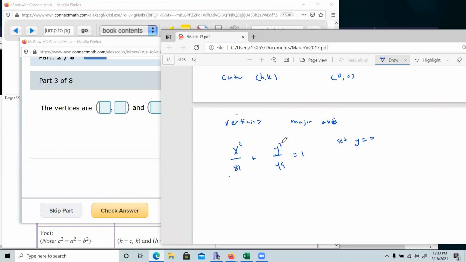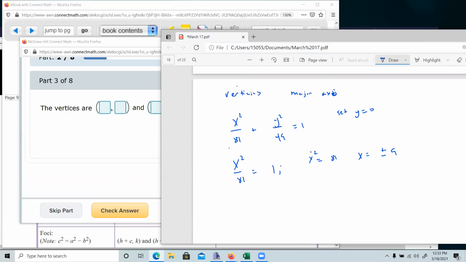So we get x squared over 81 is equal to 1. X squared is equal to 81. X will be equal to plus or minus 9. What's the center? The center is (0, 0). So my vertices are going to be (-9, 0), because that's the x value, and (9, 0).